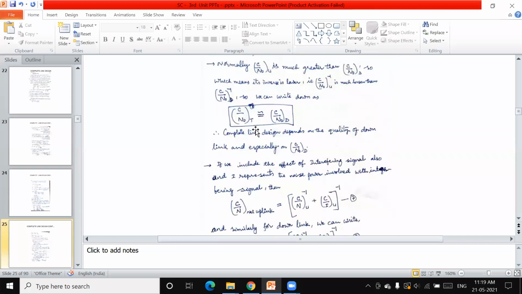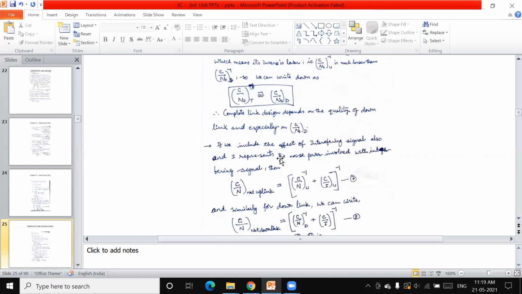So this is approximately equal to this. This is what we considered in the last class. Now it is also added that if an interfering signal is present, this one equation is over. That is the primary aim we obtained.